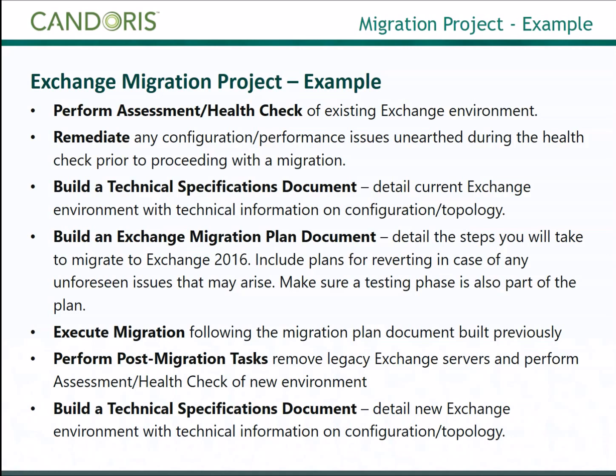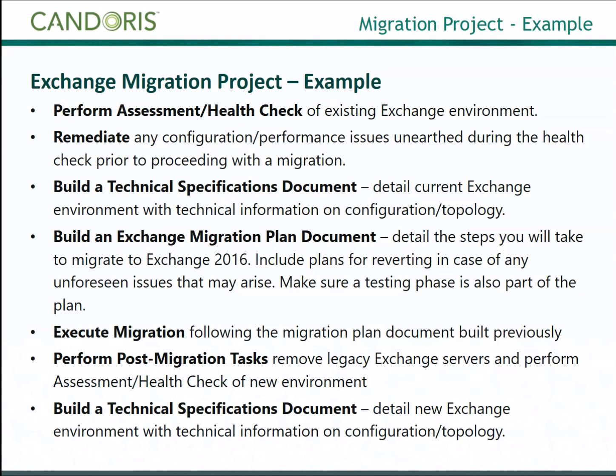We then build our deployment plan based off Microsoft best practices and the results of the technical specifications document. We include plans for pilot testing and reverting back in the event of a problem, as those are important parts of any plan. When all parties have been briefed and are in agreement with the deployment plan, we execute on building the environment and migrating data.